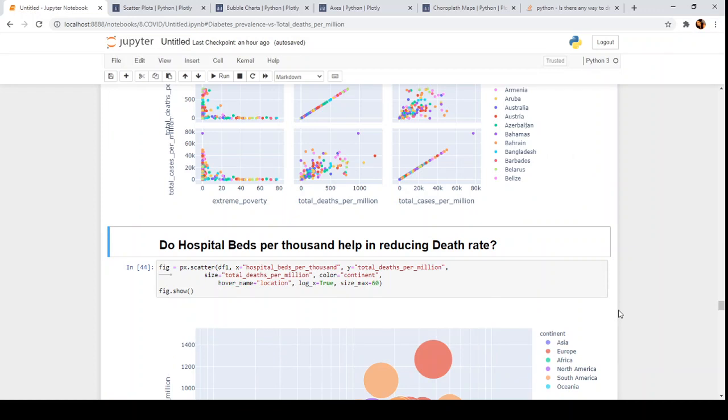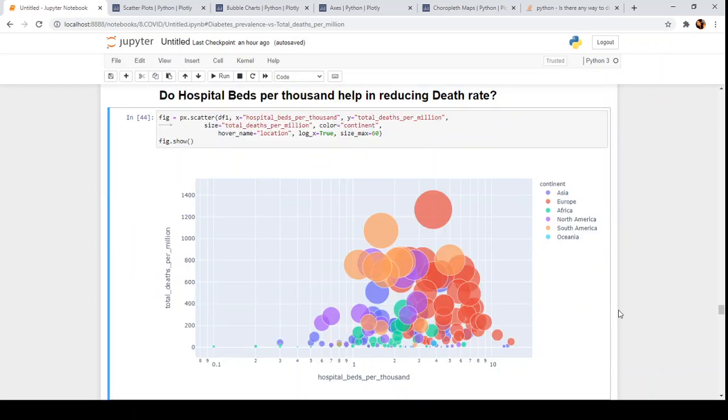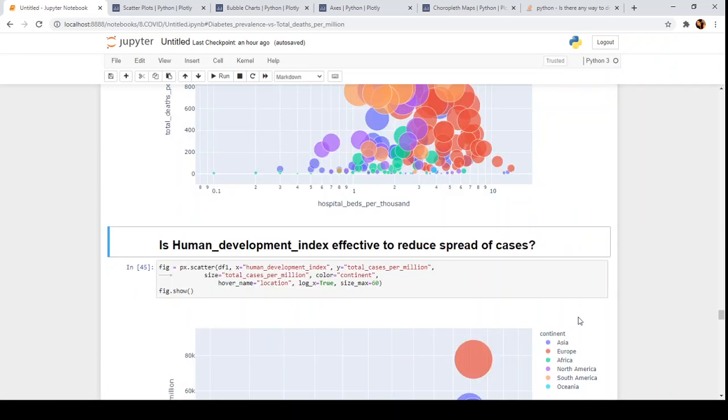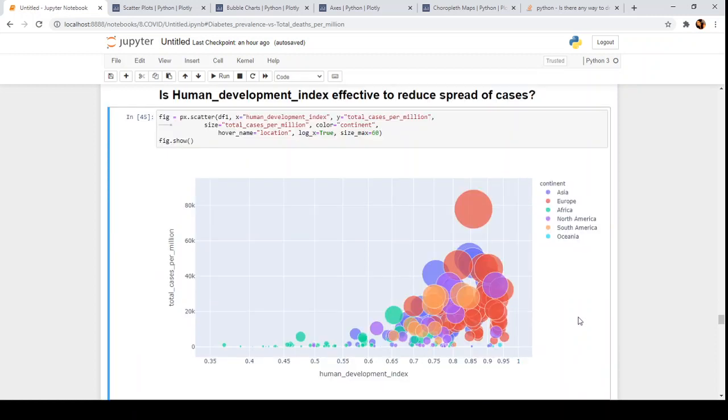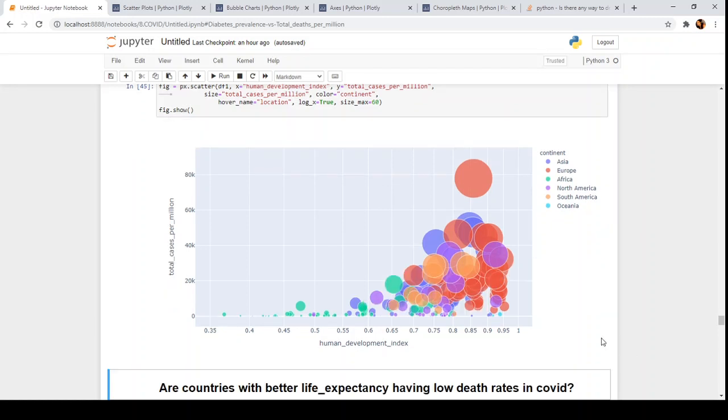Do hospital beds per thousand help in reducing death rate? Developing countries are severely affected, so you can clearly see this in the graph. Is Human Development Index effective to reduce the spread of cases? Again, European countries, the most developed ones, which have the highest Human Development Index, are severely affected, which is visible in the graph.